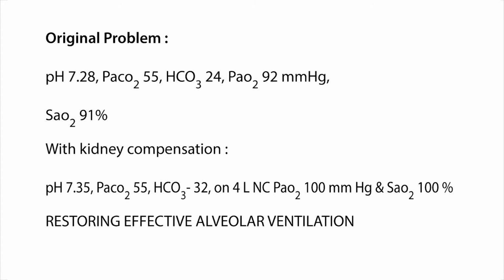Carbon dioxide remains at 55. Oxygen at 4 liters nasal cannula increases the PaO2 and SATs to 100%. Therefore, restoring effective alveolar ventilation remains the main goal of respiratory acidosis.